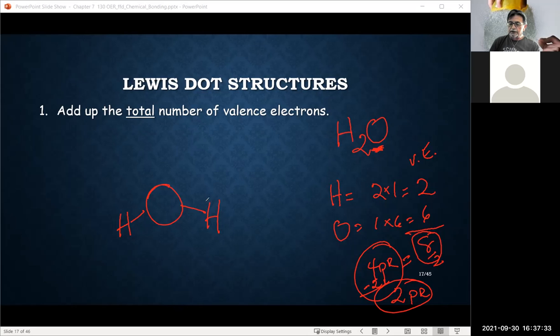Well, as I stated, I cannot put them on hydrogen because hydrogen has a duet. That bond between the oxygen and the hydrogen is being shared. So it can be counted toward the oxygen and it can be counted toward the hydrogen. And so if you count the number of electrons around hydrogen just by itself, we got a single bond, got 2 electrons, it's happy.